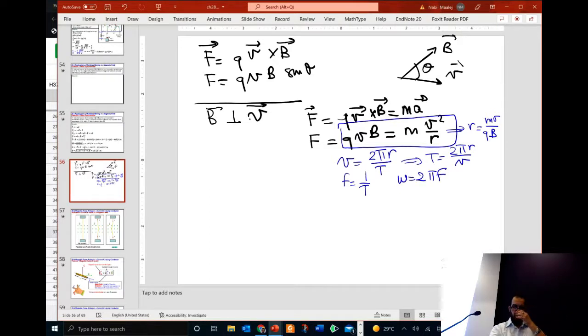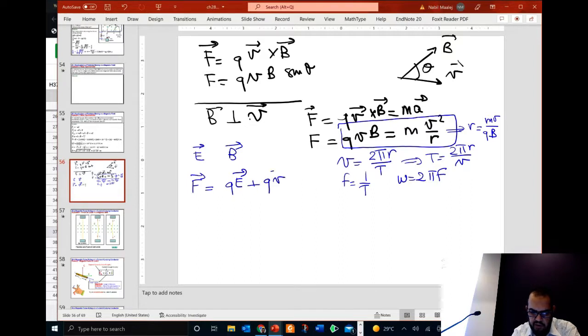We also looked at when an object is subjected to both magnetic and electric force. If we have an electric field E and magnetic field B, then the force that the charge will experience is Q E, the charge times the electric field vector, plus Q V crossed with B. Many devices operate on this principle, and one of them is the velocity selector.